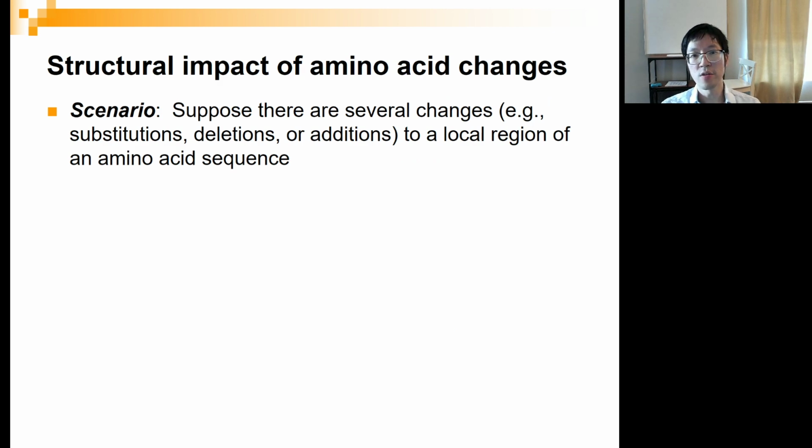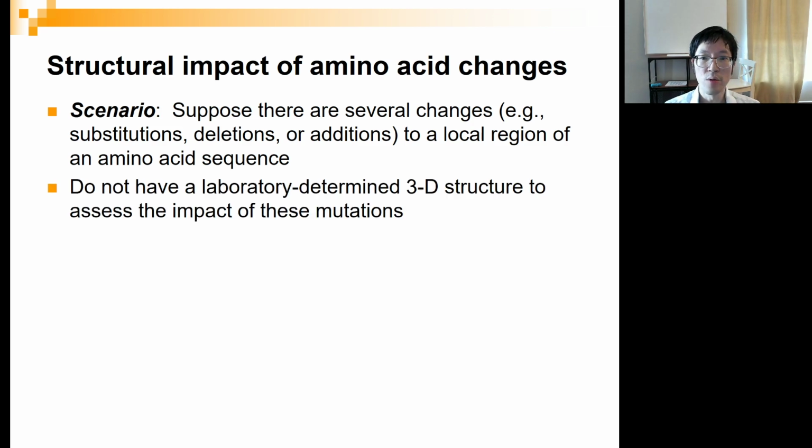Okay, so here is the scenario I want to focus on. Suppose there are several changes to a local region of an amino acid sequence. Of course, as mentioned, we do not have laboratory-determined structures for assessing the impact of all of these mutations. We currently have one, or there may eventually be more, but one main 3D structure to work with for the spike protein.